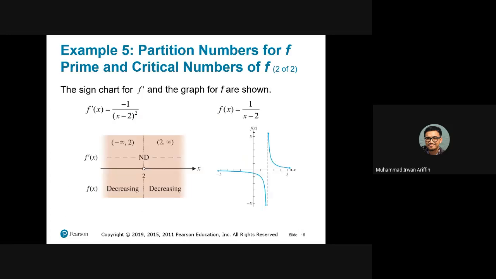So this is the graph of this function, 1 over x minus 2. You can see the slope is negative: for all x less than 2, whatever value we put in the squared denominator would be positive, and since we have a negative sign, the result will be negative.